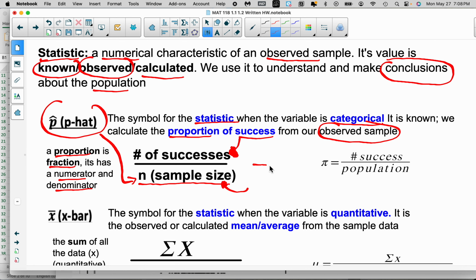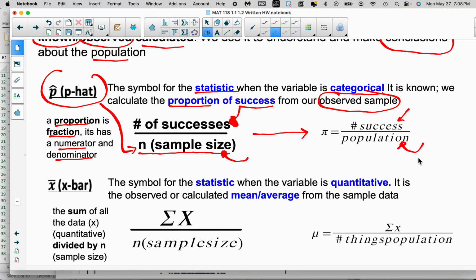And we use that because we're interested in pi, the parameter. Pi would be the number of successes out of the entire population that we're interested in. But again, that's typically not a reasonable thing to do, or it's just not feasible at all.